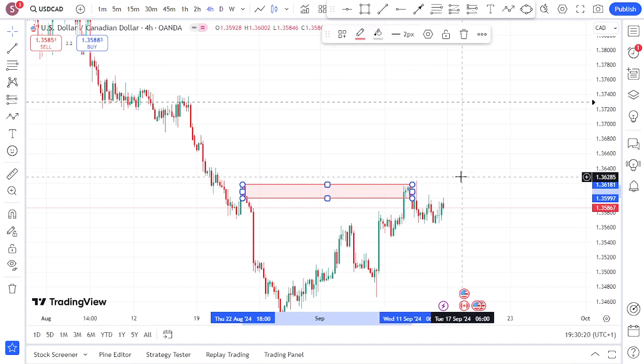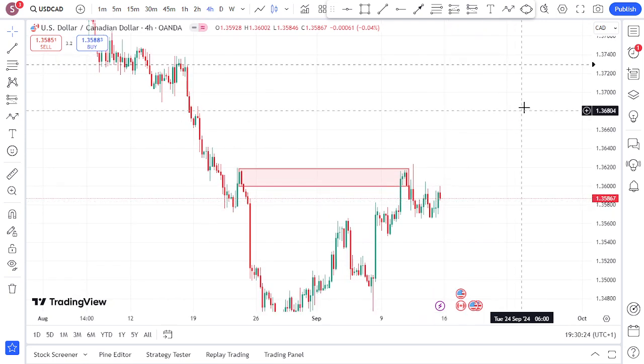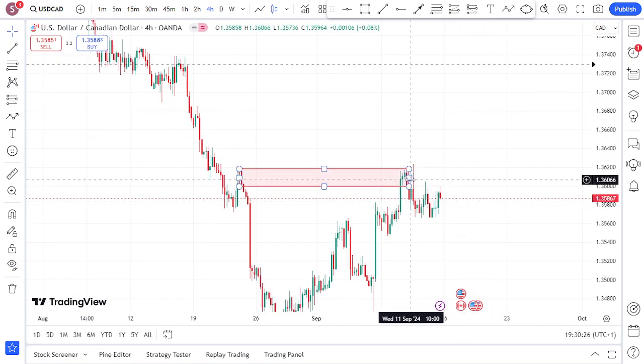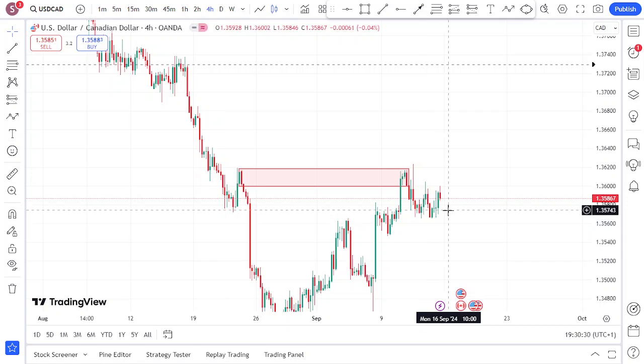So for aggressive traders, once the market comes back into the zone, you can take your trades and capitalize on that first initial downward movement, because every time a fresh supply zone or a fresh demand zone is approached, the market is going to make a rejection at least before it violates it, unless it's something like news. But usually 95% of the time the market will come and make a slight rejection, and then you capitalize from that.